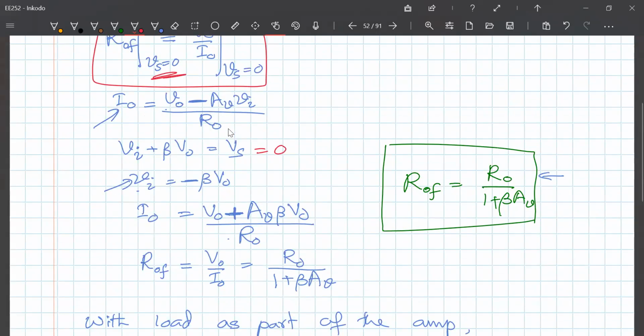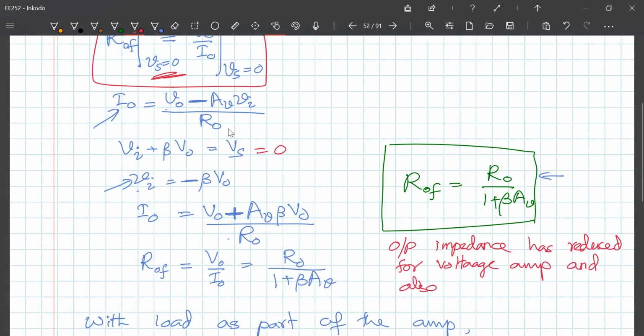So the output impedance has reduced for voltage amplifiers, and also the output circuit will be the same for the transconductance amplifier and the transresistance amplifier.